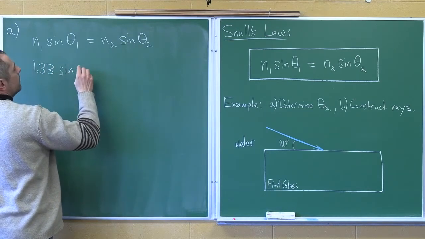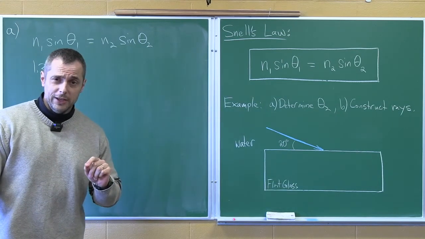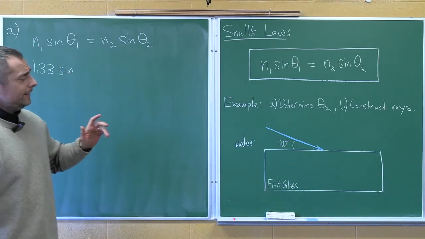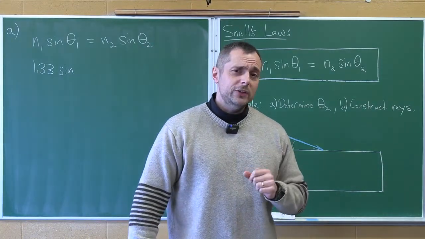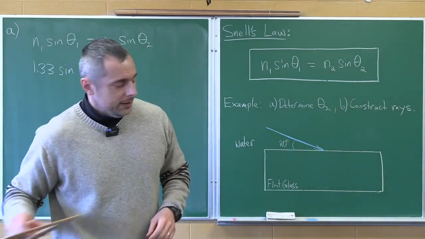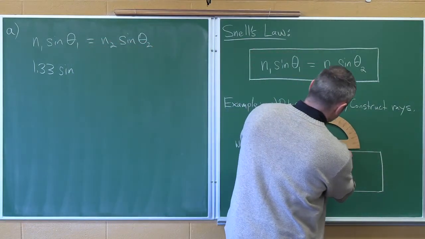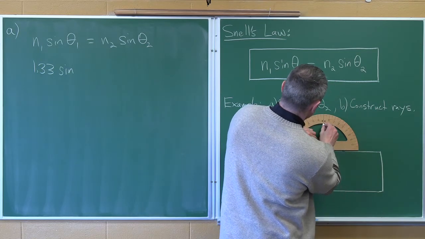But here's the thing. If I put 20 degrees, I get the wrong answer. So why did the problem give you 20 degrees? As I said, the Regents will often do that to try and trick people. Because remember, the angles in all optics are supposed to be measured to the normal. So here's the normal, all right?